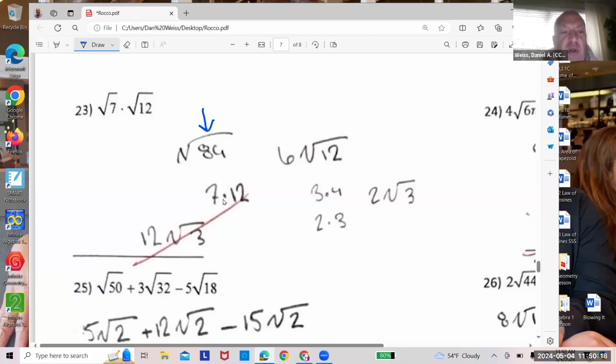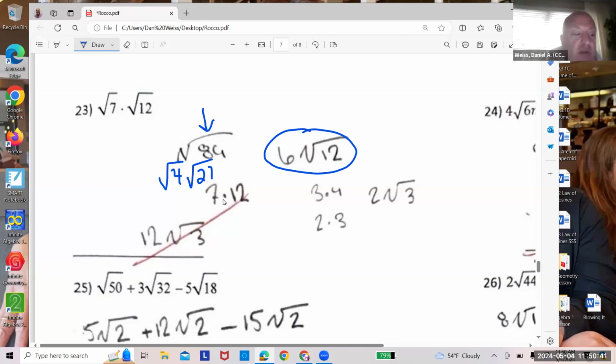I don't know why you have 6 and 12 here. I don't know what you're doing here. So what you needed to do is square root of 4 times square root of 21, because 4 is the only perfect square that goes into 84.